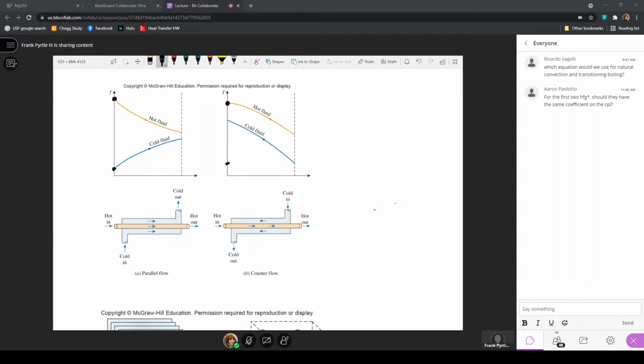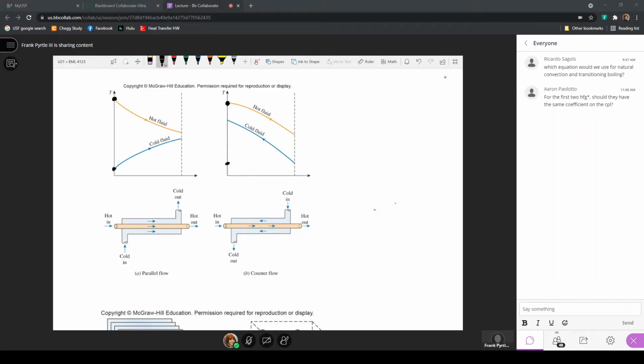The cold fluid comes in at this temperature. So these expressions for hot and cold only have to do with the inlet conditions of the two fluids. When we compare the two inlet temperatures, the one with the higher temperature is the hot fluid, because in that heat exchanger its temperature will decrease. For the cold fluid, its temperature will increase.